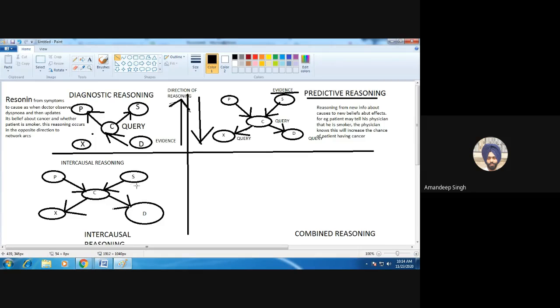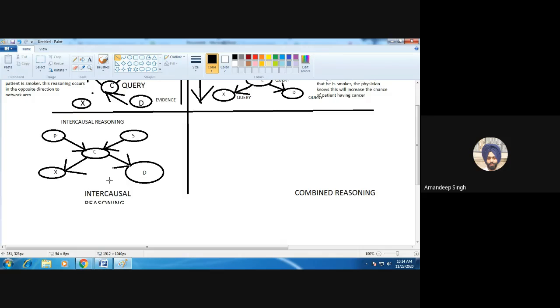Given this one piece of evidence, you can conclude that being a smoker is going to increase the chances of the patient having cancer, and the pollution factor will be basically non-effective.